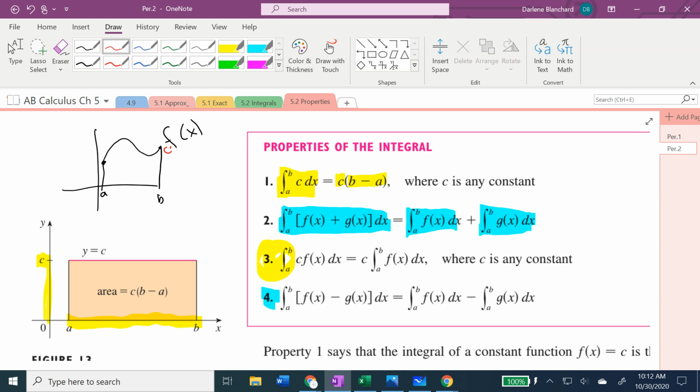It stretches it. And it stretches it by a multiple of C. So if you think about all the rectangles that you might have used to approximate f of x with, every one of those rectangles is multiplied by C. And that will cause all of those areas to multiply by C if one of the dimensions is multiplied by C.